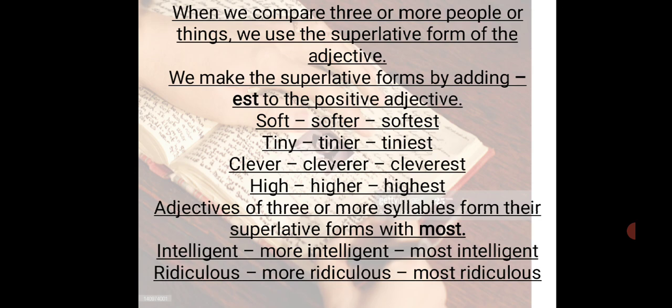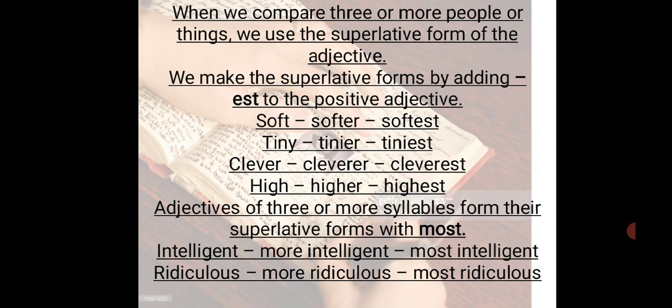Children, we are reaching towards the end point. Here we will discuss greater details about the superlative degree. So these are some key points, you have to remember them. When we compare three or more people or things, that means what?